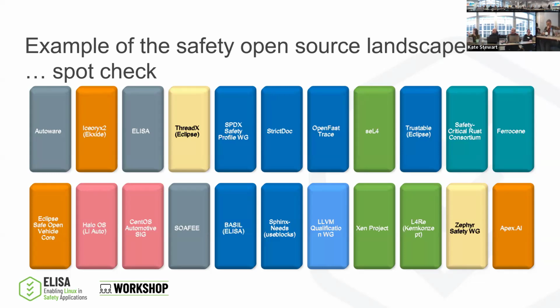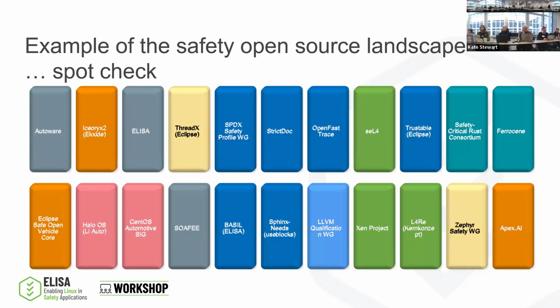The Safety-Critical Rust Consortium is more on the grayscale. ELISA, SOAFEE, Autoware, they have a full stack tooling and a lot of the ecosystem around it. That's why they are colored gray. Iceoryx, Eclipse, Apex.AI. Apex.AI is also a border case, but it goes more into middleware stacks. And well, this is a spot check on the landscape, but it's just one little box.